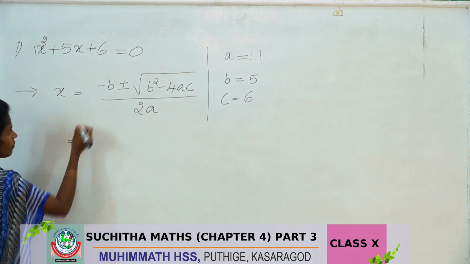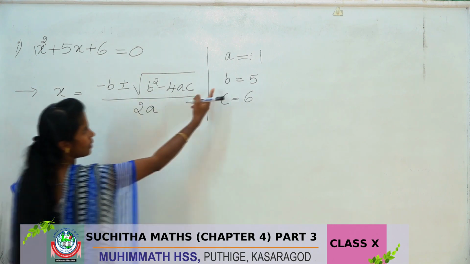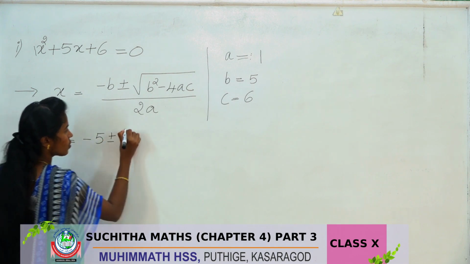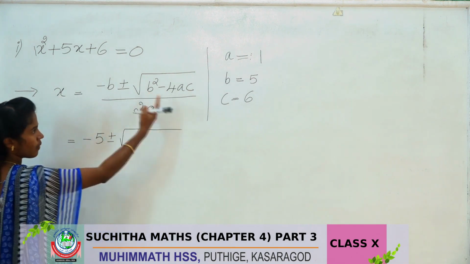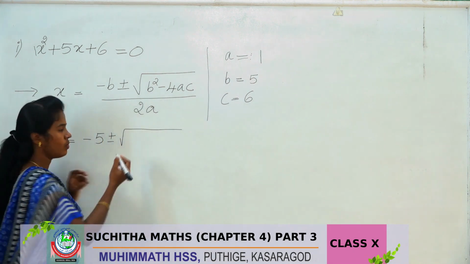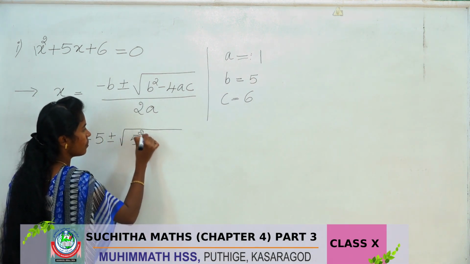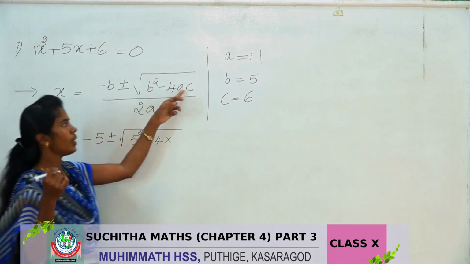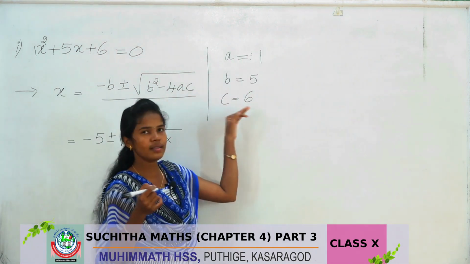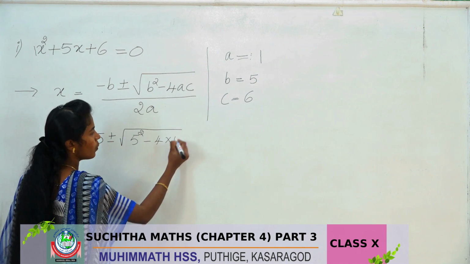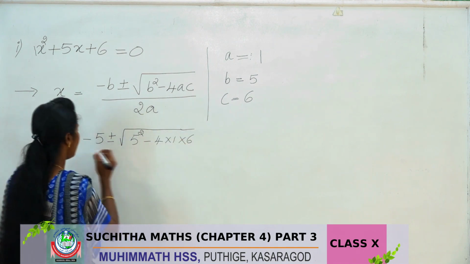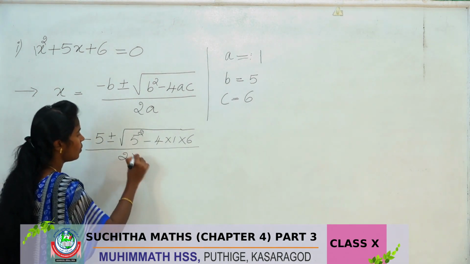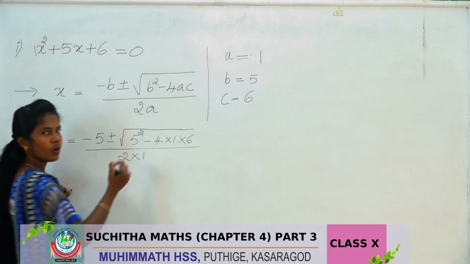Minus b, the value of b is 5, that is minus 5, plus or minus square root of b square. The value of b is 5, so 5 square, minus 4 into a into c. a is 1, c is 6. So 4 into 1 into 6, divided by 2 into a, that is 2 into 1.